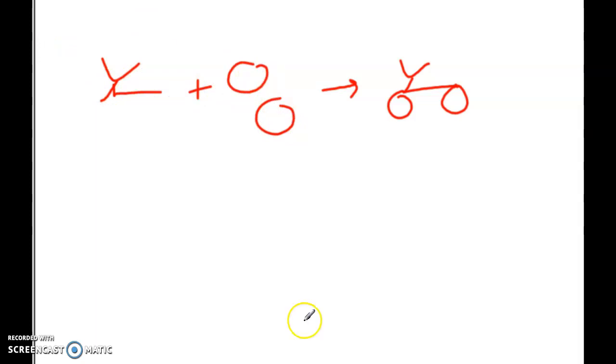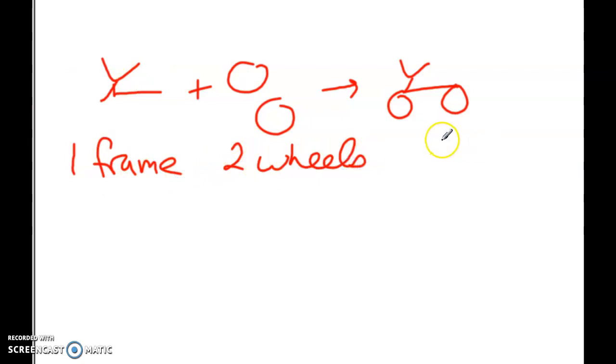So 1 frame plus 2 wheels equals 1 bike. These are essentially ratios. I need 1 frame for every 2 wheels. What if I wanted to make 10 bikes?